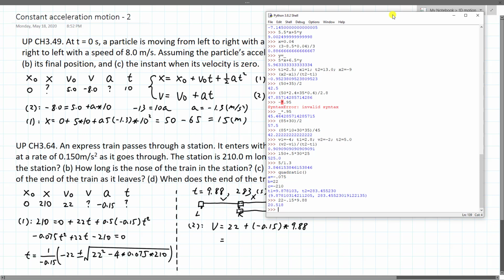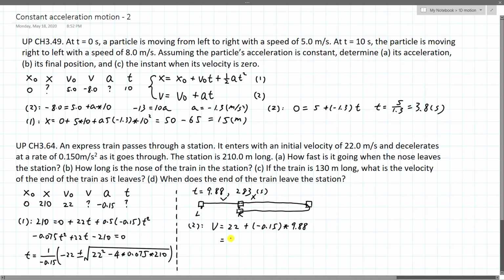So we have 20.5, that's 3 sig figs. 20.5 meters per second. So slightly slower than when it first entered the station. So that answers this question here.